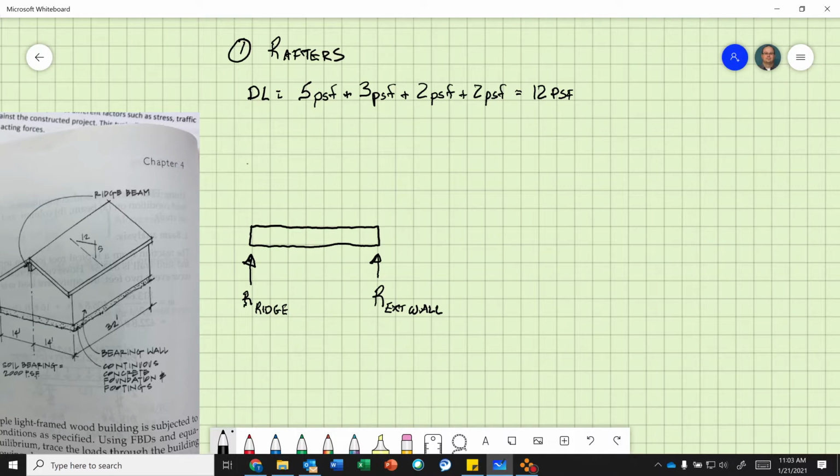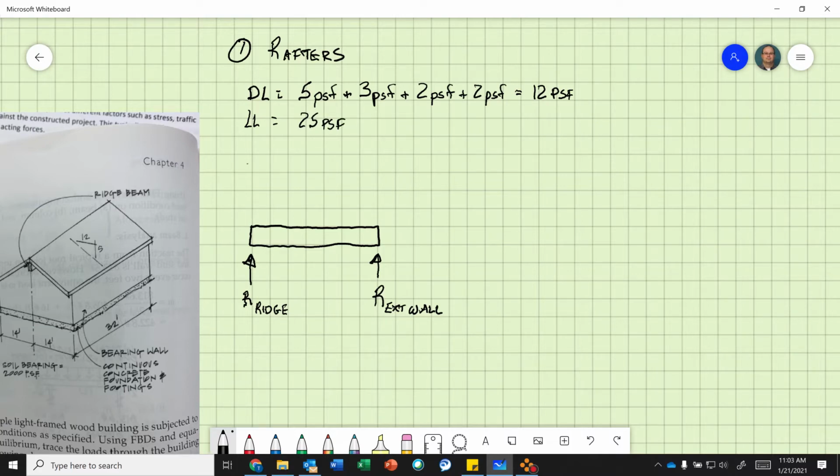Now we have to look at our live load conditions. We have walls, we're not in a wall, flooring, subfloor, joists, live load, occupancy. The live load is not on the roof, but we have a snow load of 25 PSF. So live load equals 25 PSF.